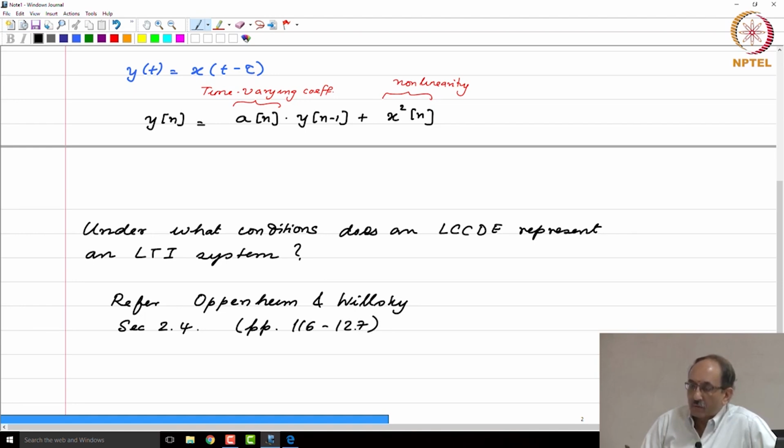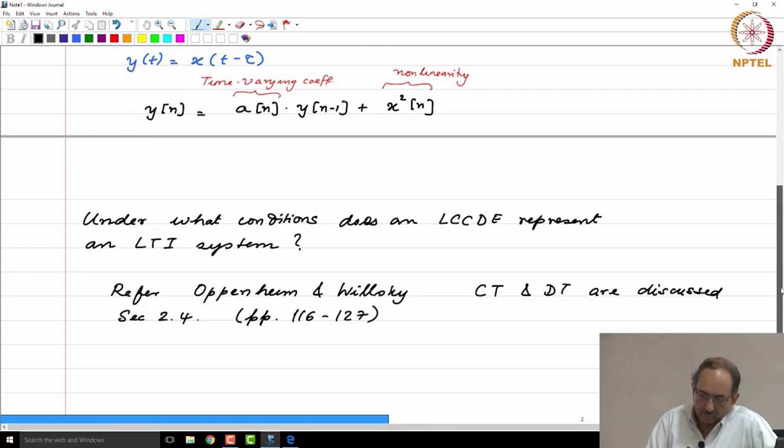This talks about both the continuous time case as well as the discrete time case, that is CT and DT are discussed. The CT case is the linear constant coefficient differential equation, and the DT case is the linear constant coefficient difference equation.